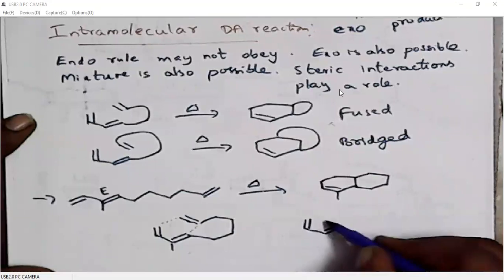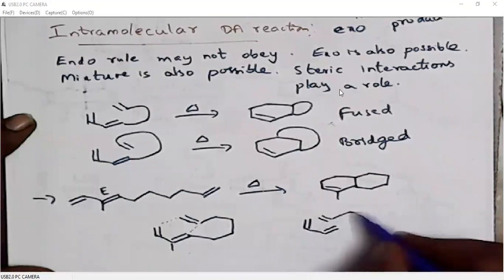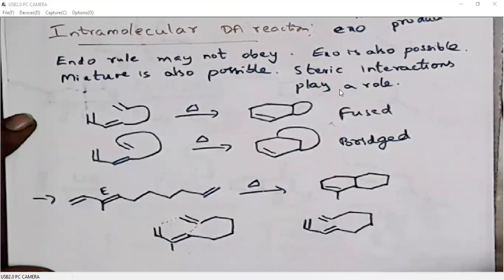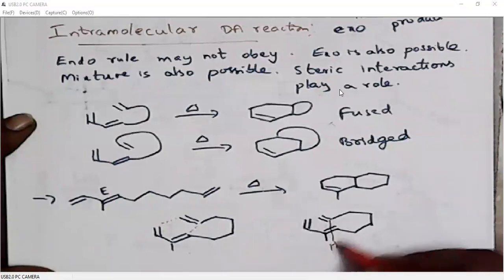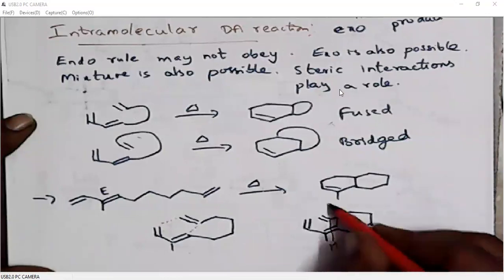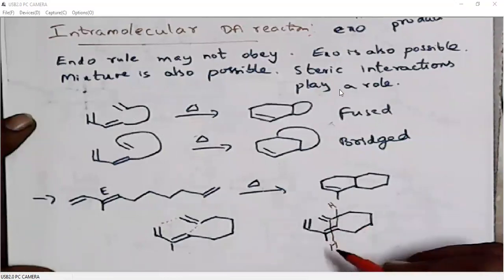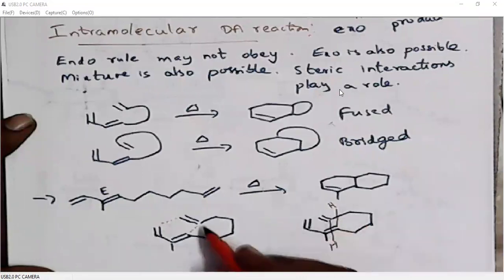Right. When we redraw it like this, with a little bit of closure, now I will also show you the hydrogens here. Of course the methyl is there. Then the hydrogen here will be placed like this. The hydrogen on this double bond is placed like this, right? This hydrogen is pointed towards the diene.